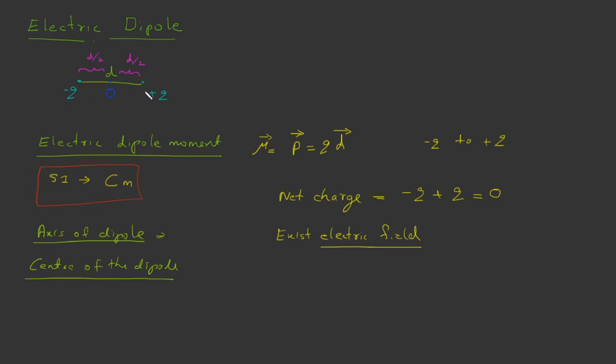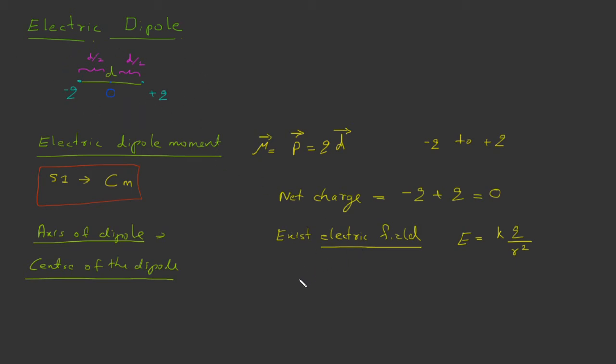Since these two charges are separated by a distance, there exists a net electric field. We already studied the magnitude of electric field due to a point charge is given by the equation kq by r square.